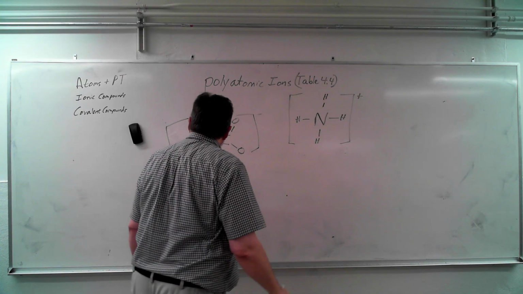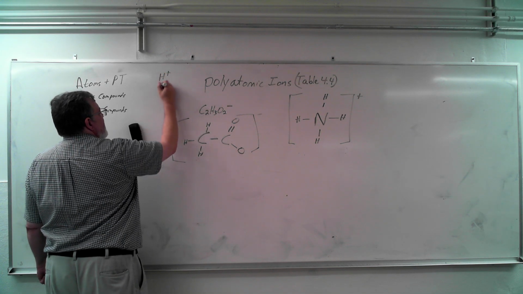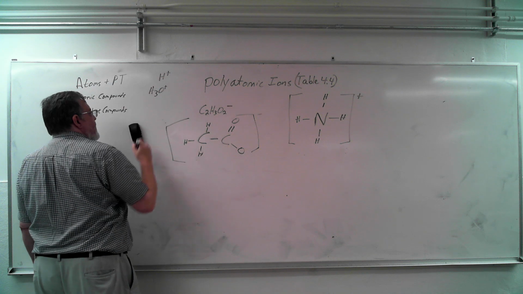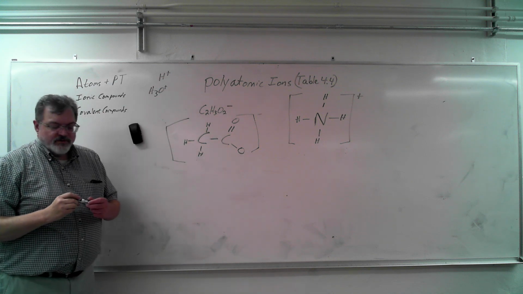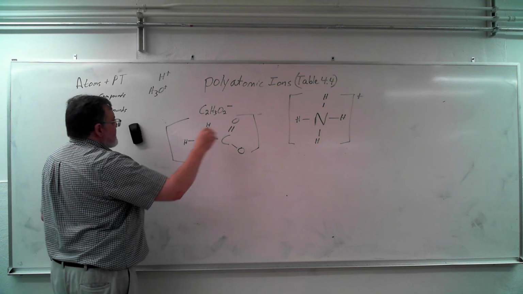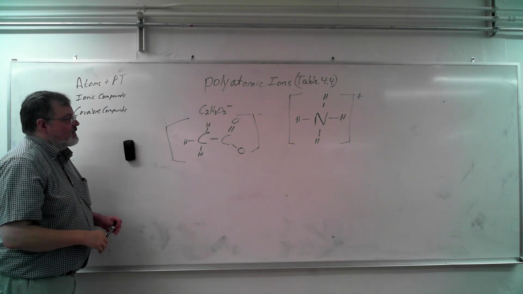There's 2 other positive ones, but you won't really deal with these until you do acid base in 1212. H plus and H3O plus are closely related to acid-base phenomena. So really, I guess that's the only one you would have to deal with in this class.